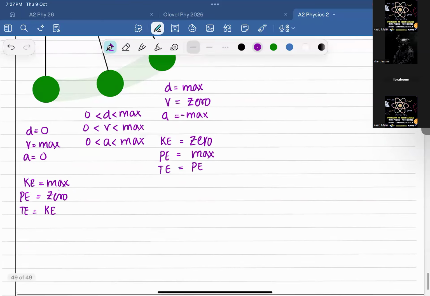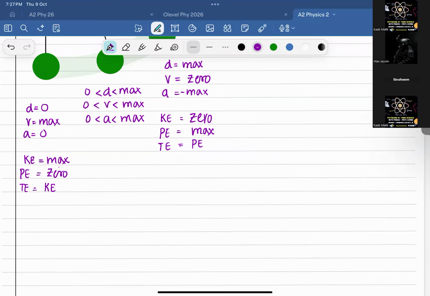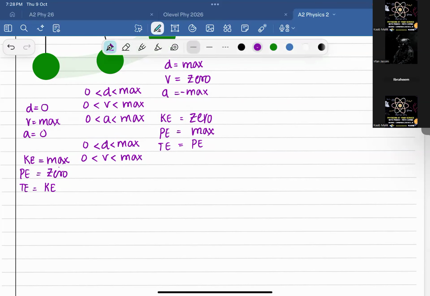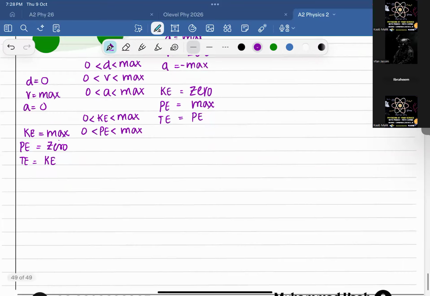Now, if we talk about the kinetic energy, it will also be the same concept. The kinetic energy will also be in between, the potential energy will also be in between, and the total energy will be the sum of kinetic plus potential energy, right?